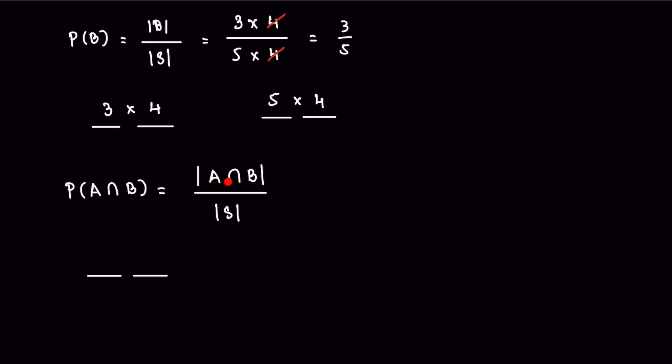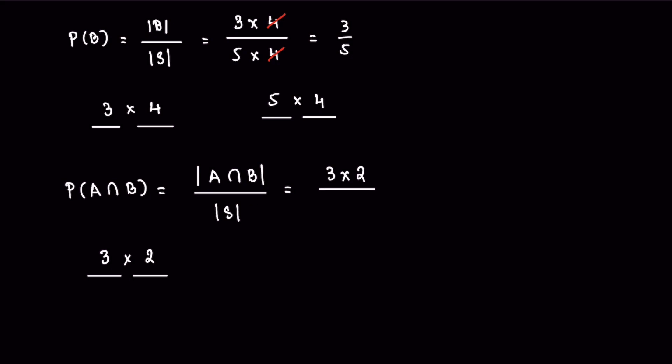The cardinality of A intersect B means the number of outcomes where the first draw is red and the second draw is also red. Remember you have 3 different reds. So for the first draw, you have 3 different reds. And you're left with only 2 reds in the box. So for the second draw, in order to get another red, there are 2 choices. So altogether, you have 3 times 2.